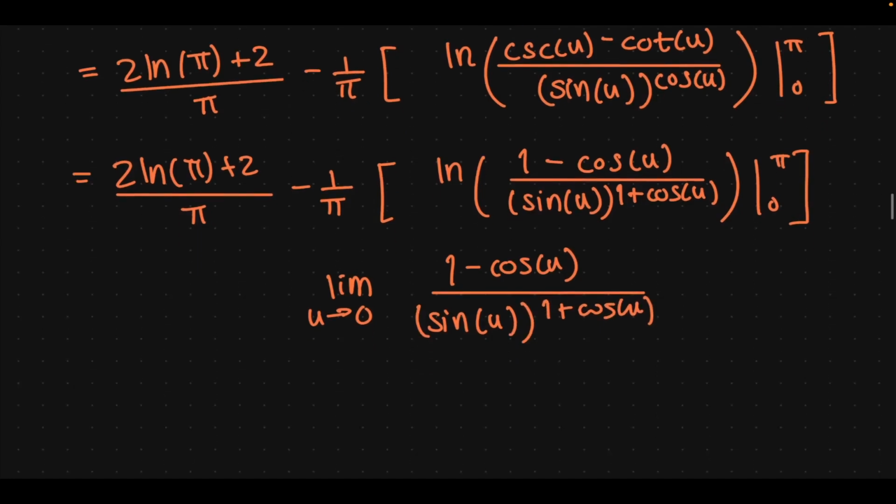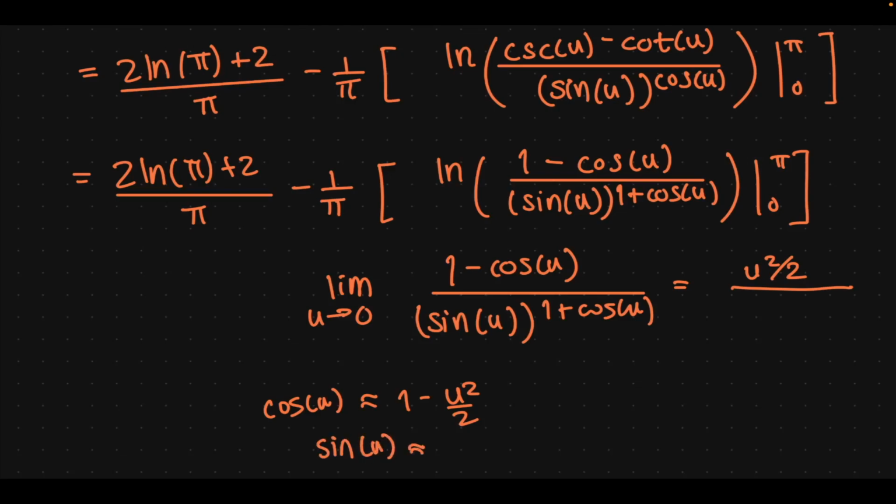Well, we can expand the cosine with its Taylor series. So cosine of u is 1 minus u squared over 2. So we'll just have a u squared over 2 divided by, in the small limit, sine of u is approximately u as u goes to 0.